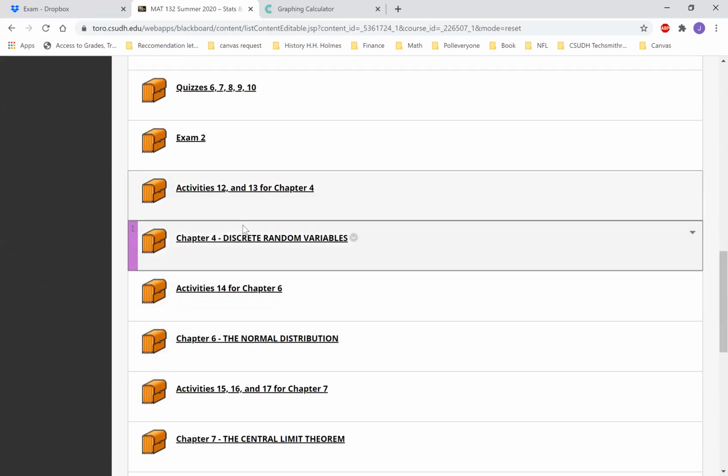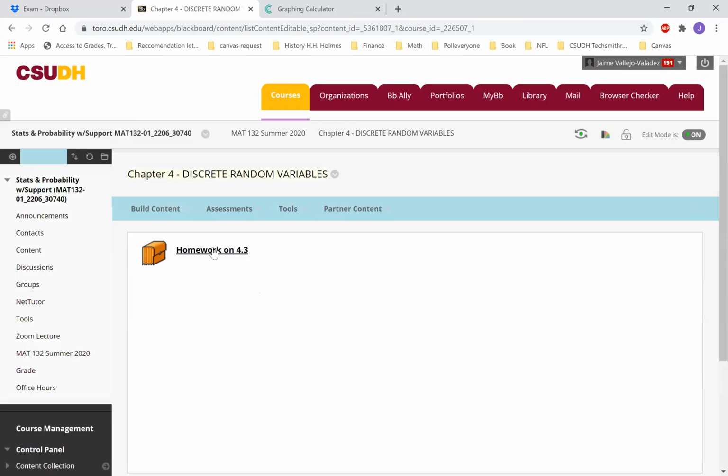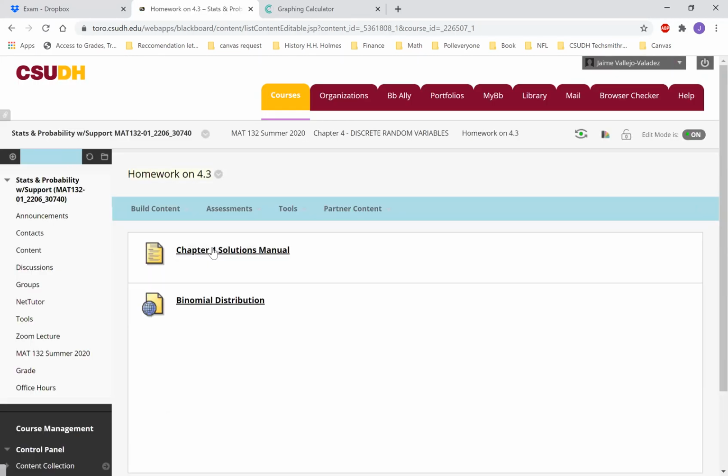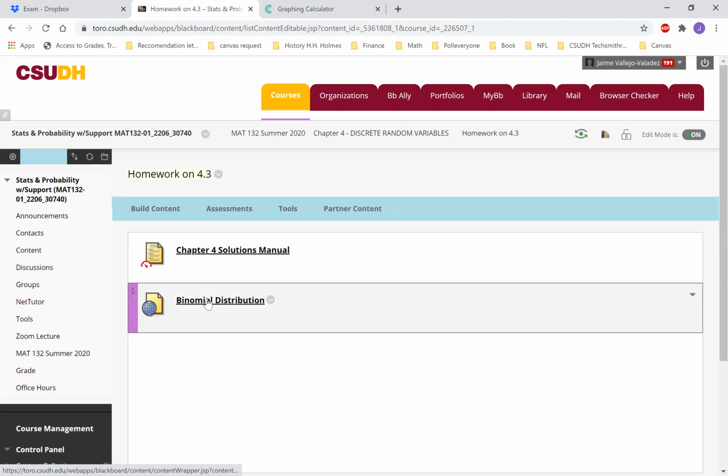So for the homework for today, you want to go right here where it says chapter 4, discrete random variable. If you click right here, click on homework on 4.3. Here is the homework for binomial distribution. So this is where you want to go for the binomial distribution homework.